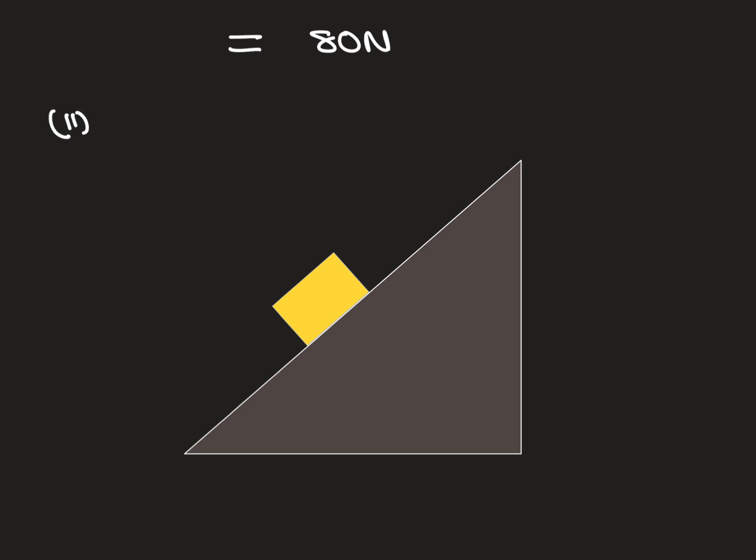Does that make sense? The force that will always act downward is mg sine theta. So the body is going to slide downwards, which means friction also has to act upwards.